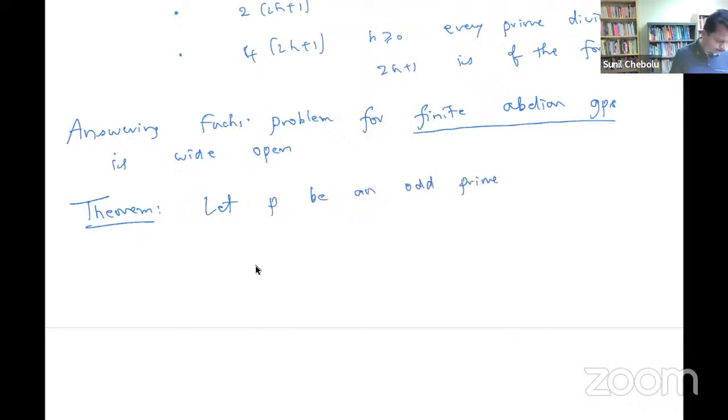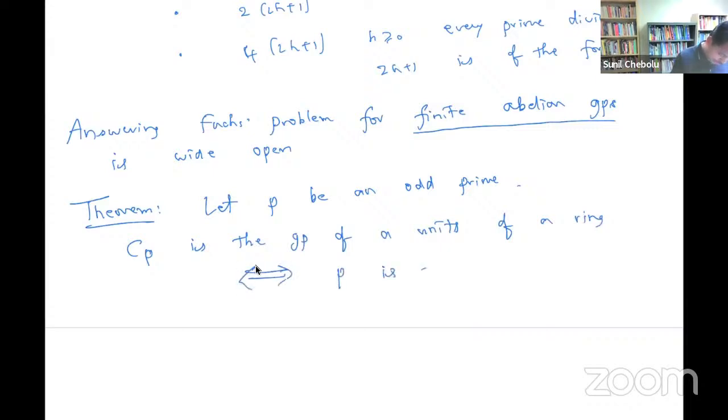Then the cyclic group of order P is the group of units of a ring if and only if P is a Mersenne prime number.